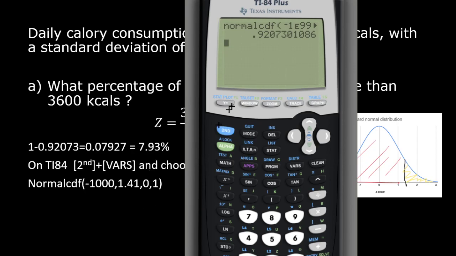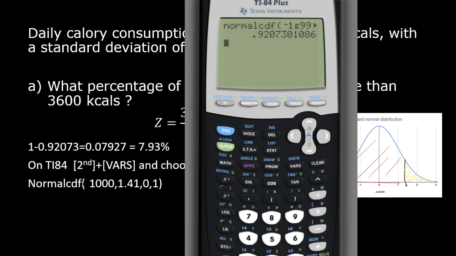Another note is that depending on your operating system, if your operating system installed is old, then you don't see this menu. So unfortunately, you will have to plug in the numbers here. And because plugging in -1E99, the first spot, is very hard, just put something that's negative and big.